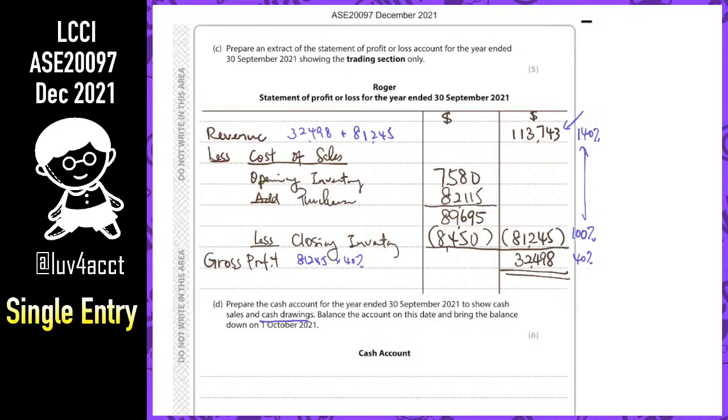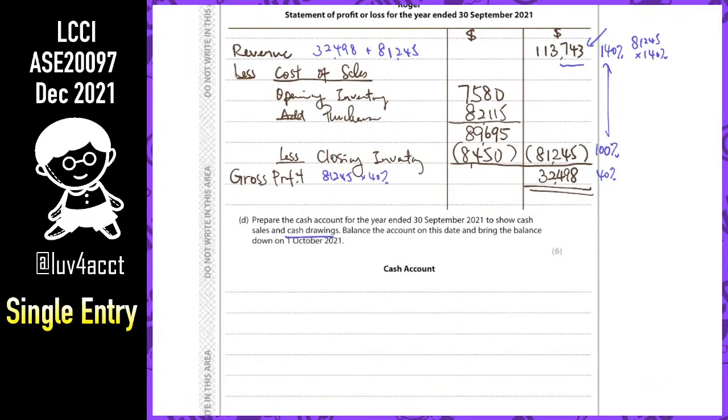So I will verify: 81245 multiplied by 140%. Yes, it is equal to the revenue that we have calculated. Then I will be very much relieved. I know that I am correct.